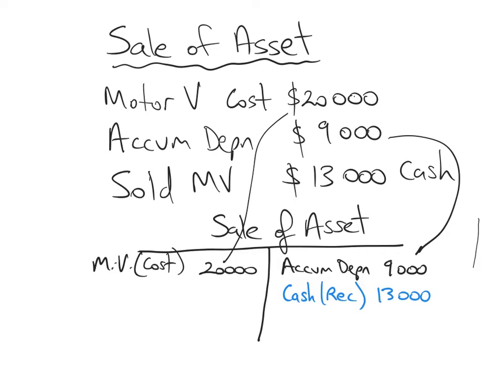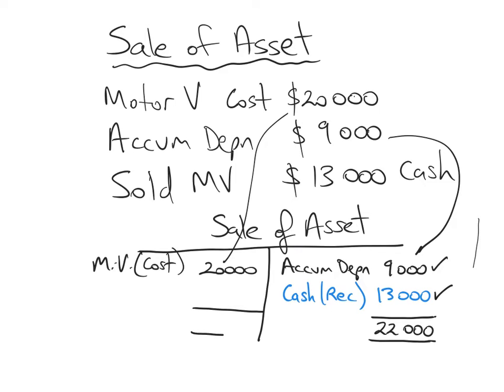So all that's left for us to do now is to work out the gain or loss on sale. So if we look at the two, you notice that the credit side is bigger than the debit side. In other words, we got $9,000 for using the asset. We actually sold it for $13,000. So our benefits, if you like, or our gains, total $22,000.